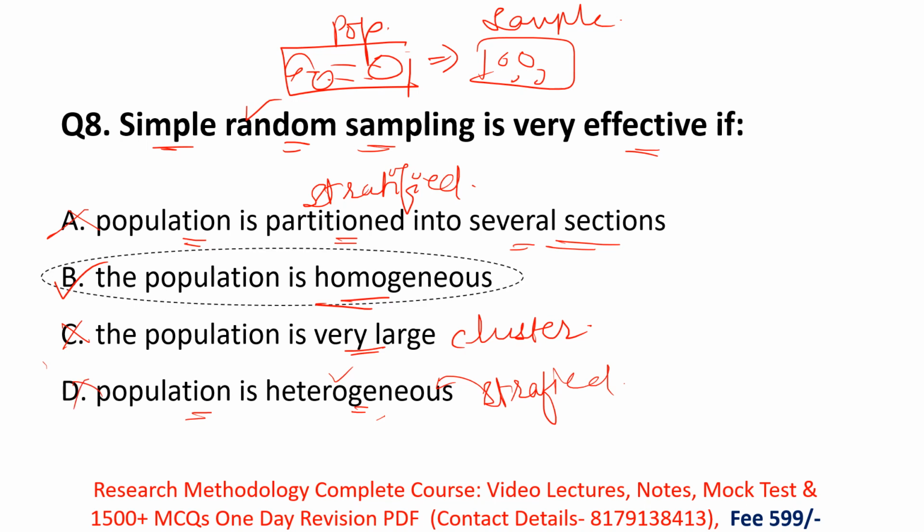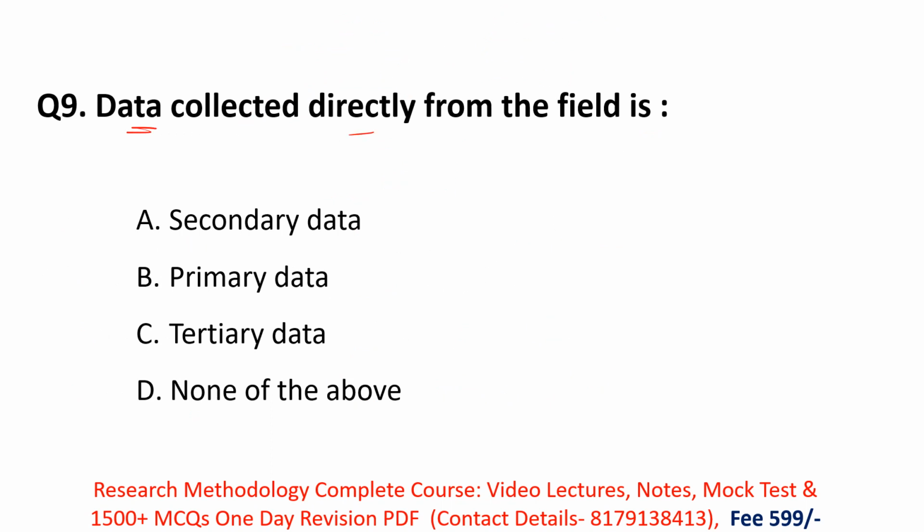Next, data collected directly from the field is. So what they are asking here is, you collect your data directly from the field. Directly means from the main source.